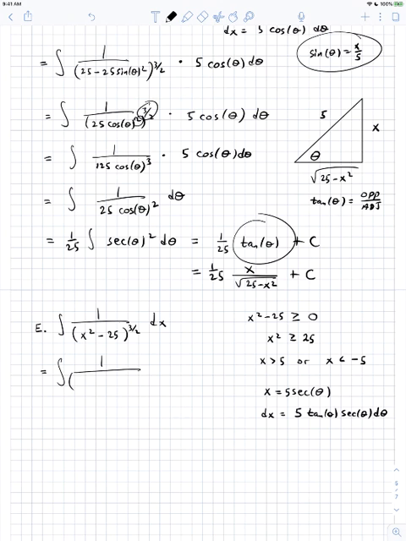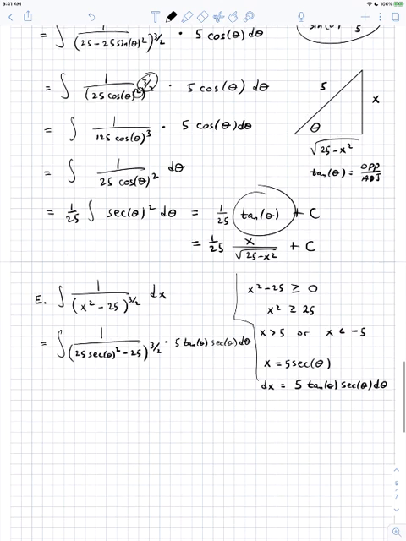So if we square that, x squared is going to be 25 secant theta squared minus 25 to the 3/2 times dx, which is 5 tangent theta secant theta d theta. All right.